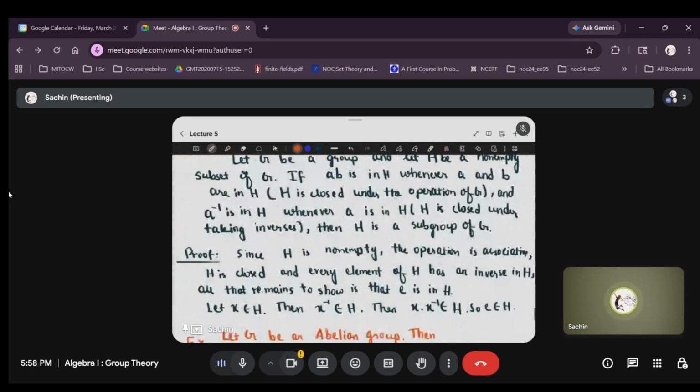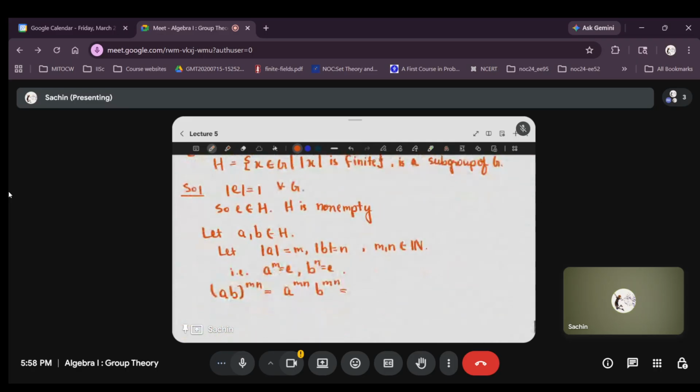So A power Mn can be written as (A power M) power n, and B power Mn can be written as (B power n) power m. So this is E power n, E power m, and that is nothing but E times E. This is equal to E.